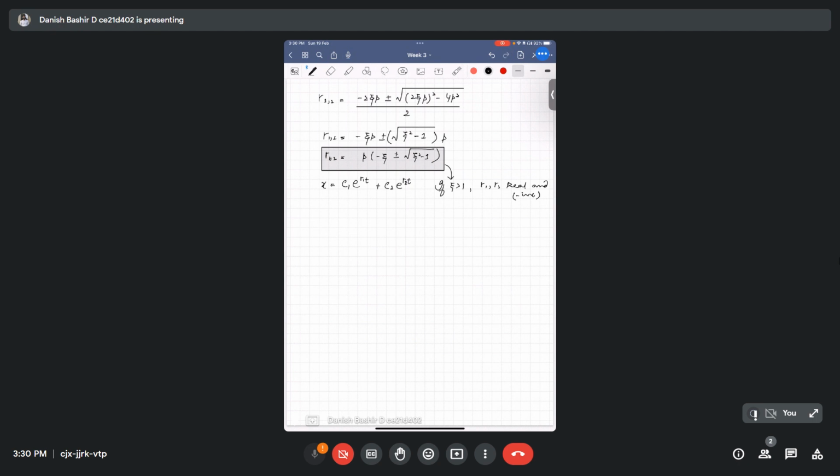If theta is less than 1, r1 and r2 will be imaginary. And at theta exactly equal to 1, both r1 and r2 will be equal to minus p.